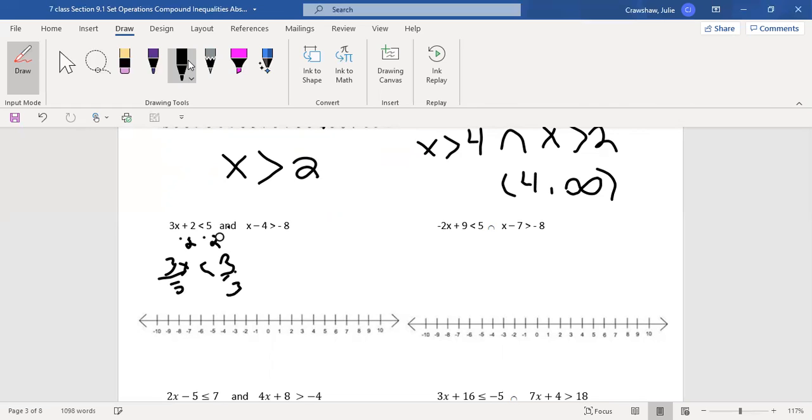So for my first inequality, I have x is less than 1. And then for my second inequality, I'm going to add a 4 on both sides. And I have x is less than negative 4.